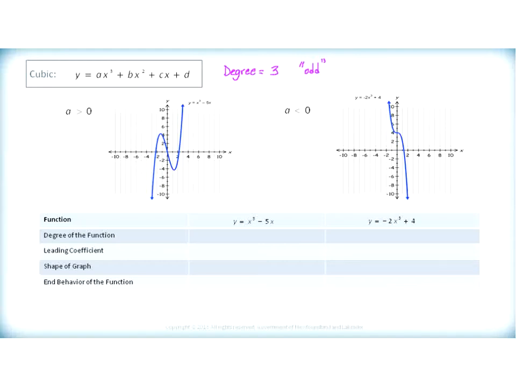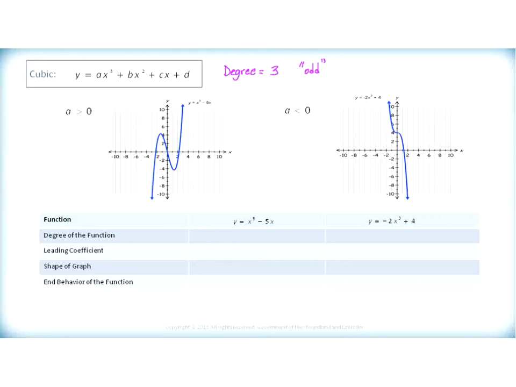We have two situations again. When the leading coefficient is positive, your graph will extend from quadrant 1 and down into quadrant 3. When the leading coefficient is negative, a is less than 0, your graph extends up into quadrant 2 and down into quadrant 4. Note that the shape of both of these graphs represents a sideways F.